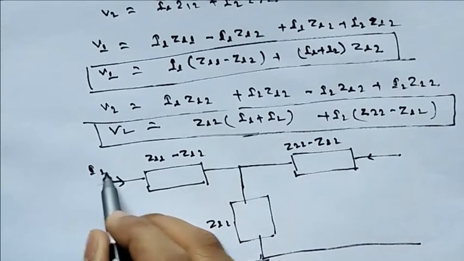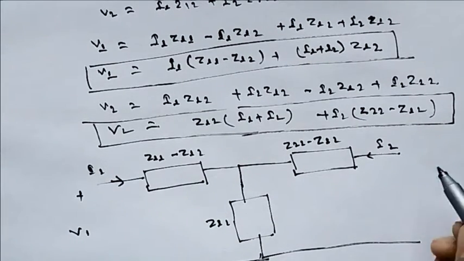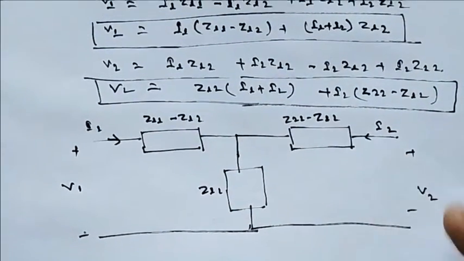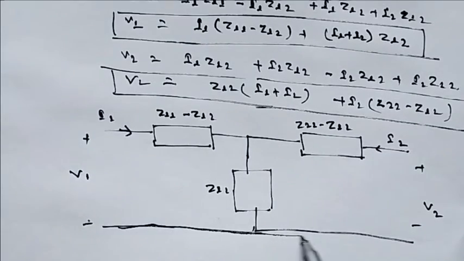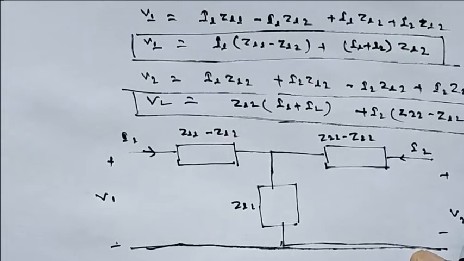Now this is your I1 entry, this is your I2 entry, this is your plus minus V1, and this is your plus minus V2. Now if I see this, it has reduced to three terminal only, because one terminal is common to both ports. So we have reduced it into three terminal.